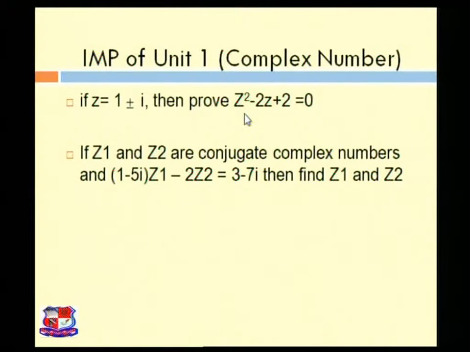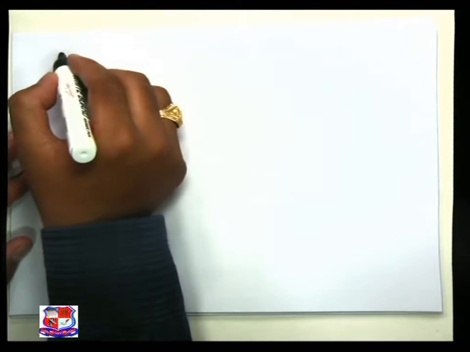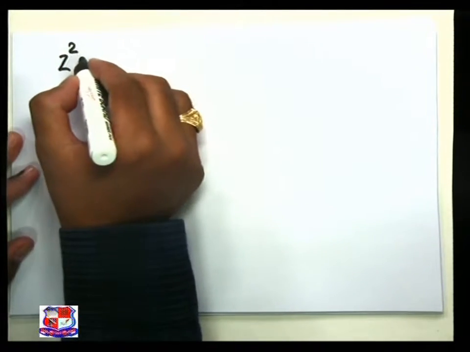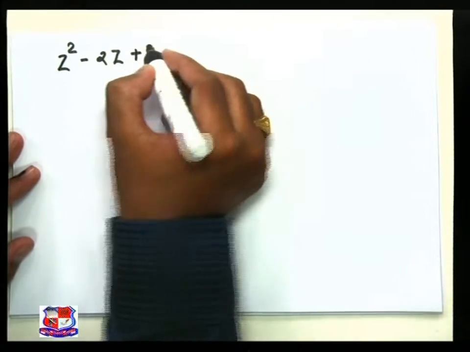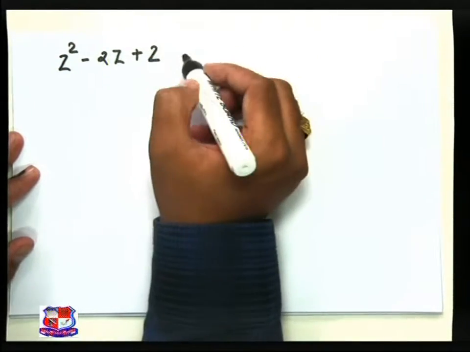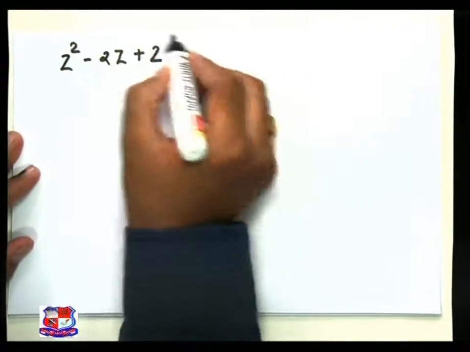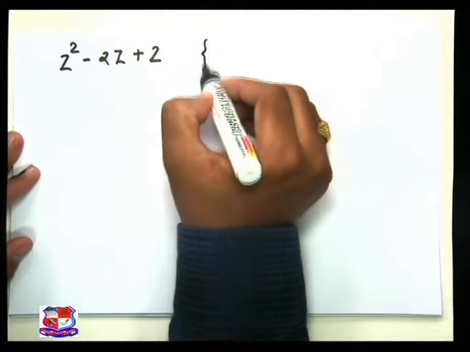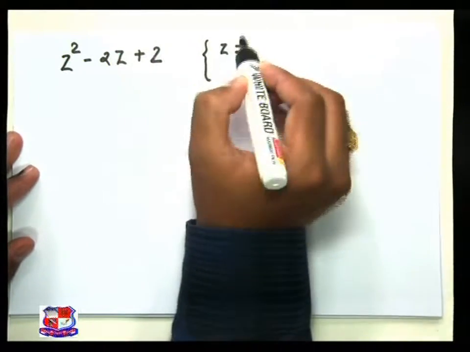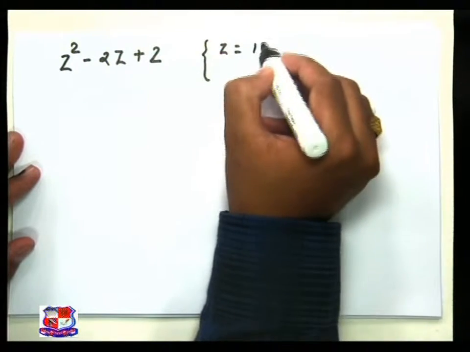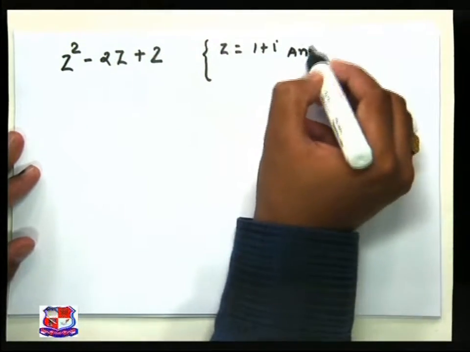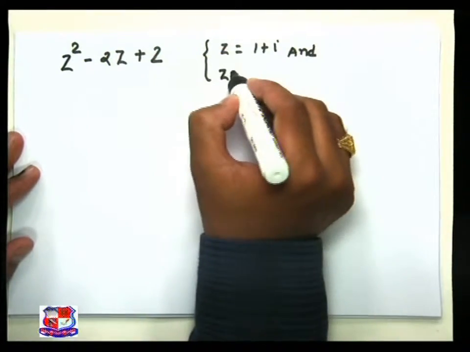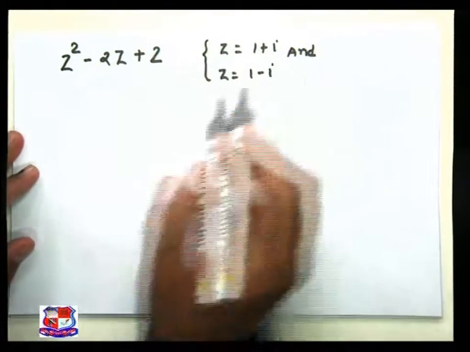So we write down our main equation, that is z square minus 2z plus 2, and we want to prove this equation is equal to 0 when z is equal to 1 plus i, and in the second case z is equal to 1 minus i.